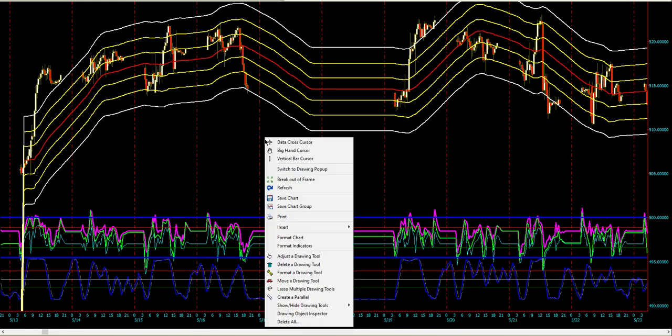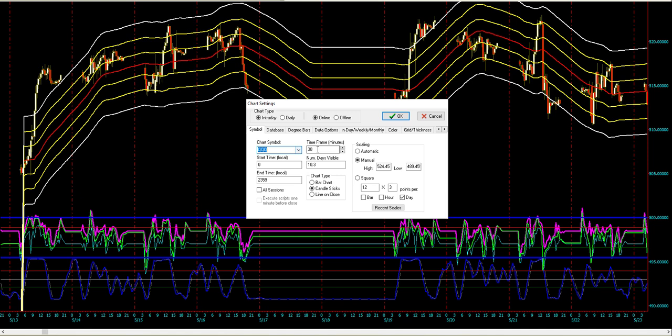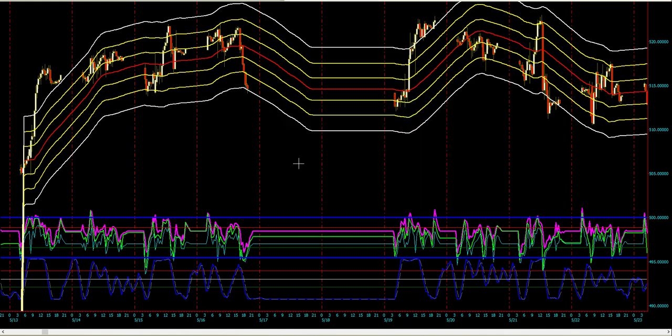We have a 30 minute chart of QQQ. As you can see, what we are after is to find the best locations to take a directional bias.